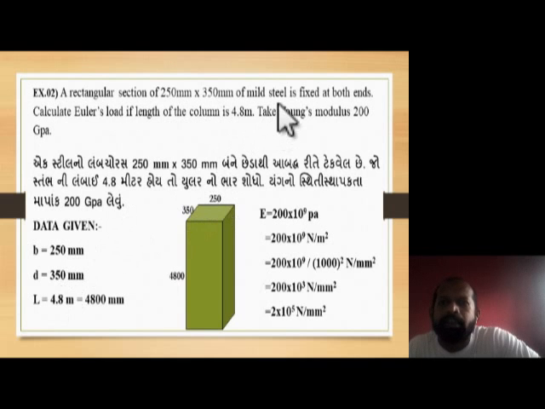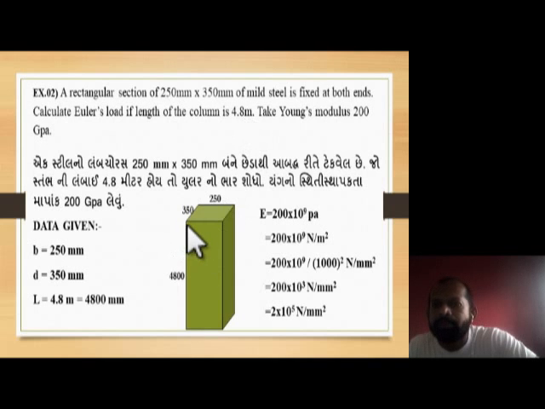And the end condition of the column is fixed at both the ends. So LE is equal to L by 2. Calculate Euler's load if the length of the column is 4.8 meter.